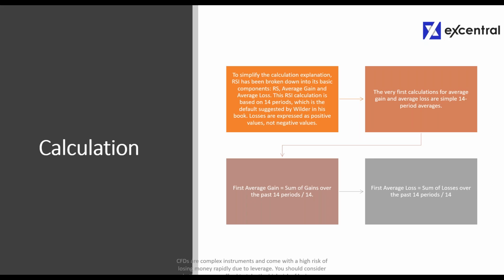Now, if you know simple math, we know if we multiply 1 times 0, or 50 times 0, it's always going to be 0. If we take 0 and divide it by 14, it's always going to be 0. So if every period closed higher, you would have all gains divided by 14, but when you took all the losses, which would have been 0, divided by 14, you'd have 0.